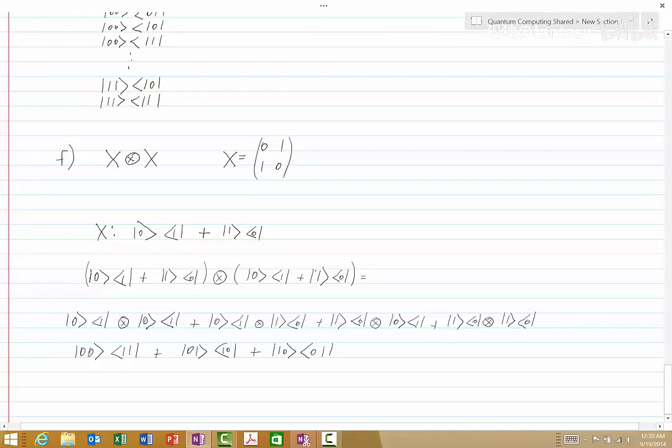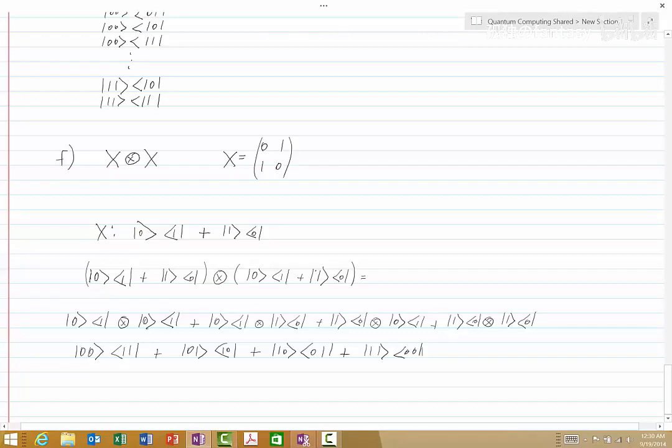And then finally |11><00|. So once again, each one of these operators consists of a ket and then a bra.